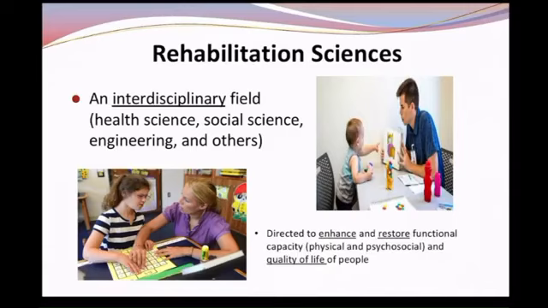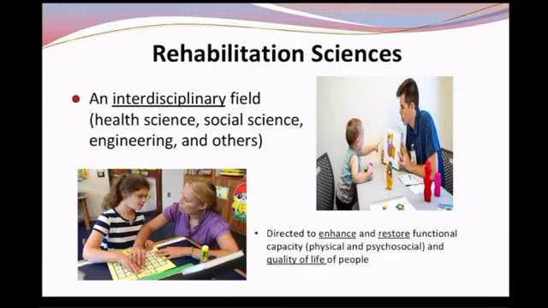People who work in rehab sciences such as OT or occupational therapist, physical therapist, and speech and language pathologist help individuals become independent and self-sufficient.